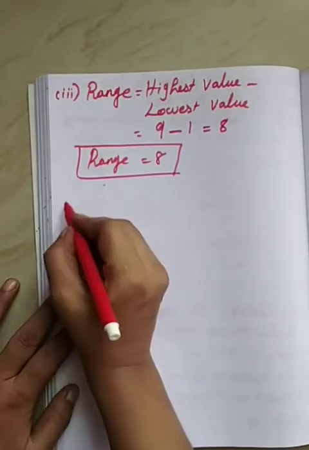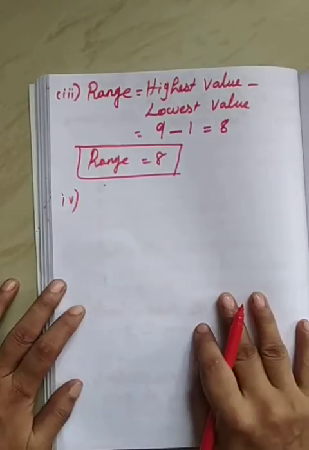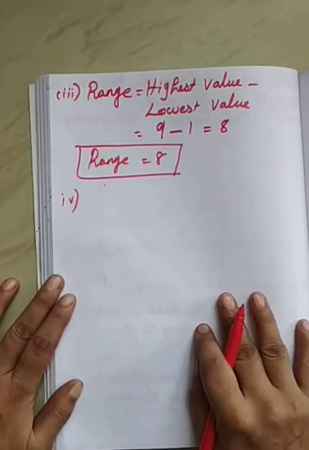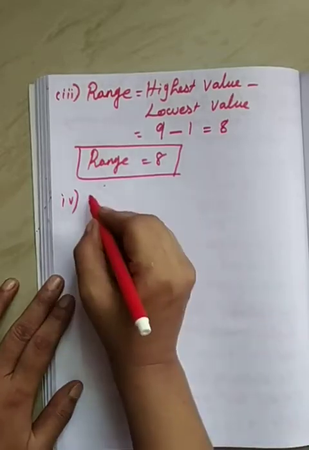Okay, now you can find the fourth one. You have to find the mean, that means arithmetic mean. Now we have to calculate the arithmetic mean.